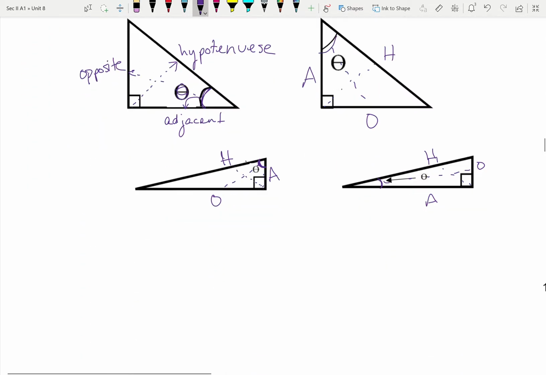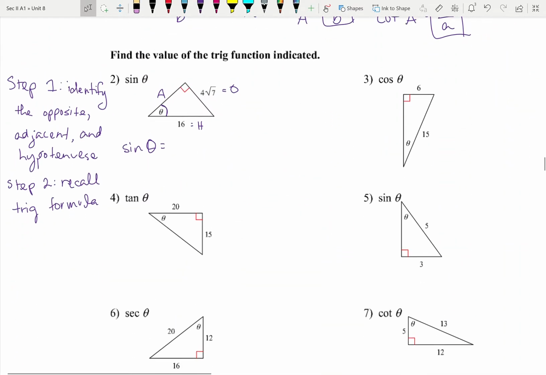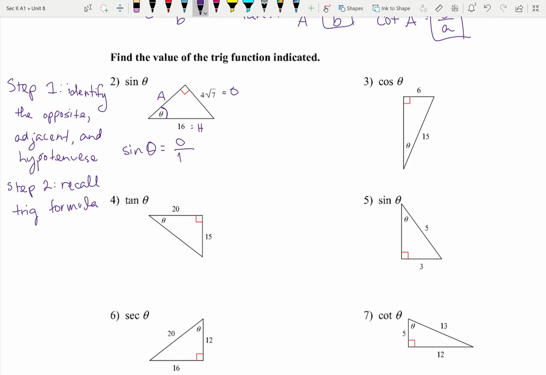So I come down here and I say sine is opposite over hypotenuse. Step 3 is then to substitute your values. So opposite would be this 4 root 7, and then hypotenuse would be 16. And notice how easy that was because I already took the time and labeled them as O and H before I even got started. If I didn't label them beforehand, that step right there could have been really tricky.